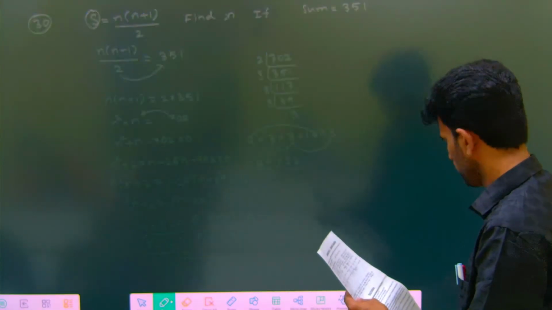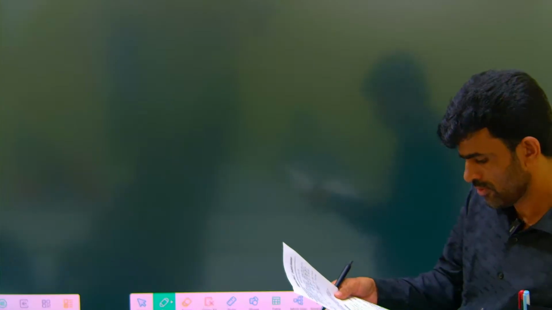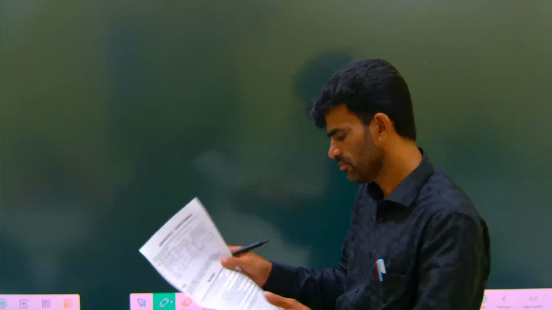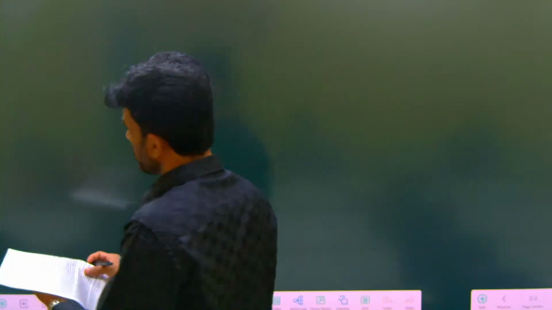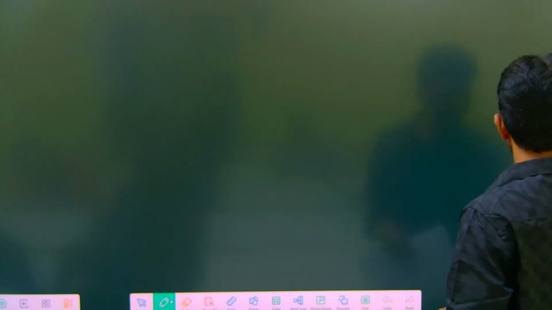Next problem. Question number 27. Let's copy question answer here, understand better.